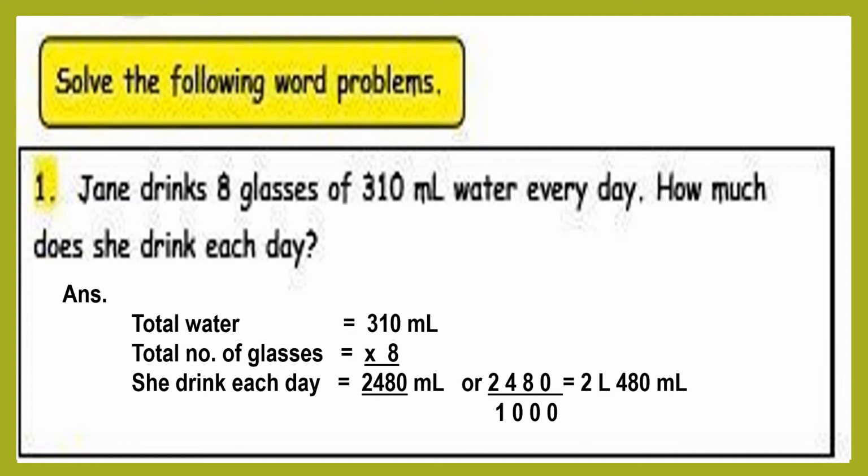Now if the question asks you to convert into liters, you will divide by 1000 and you will get 2 liters 480 milliliters. Count the zeros in the denominator, that is 3, so from the right hand side of the numerator count 3 digits. That is 480, your milliliter part, and the number before it is your liter part, that is 2 liters 480 milliliters of water Jane is drinking every day.